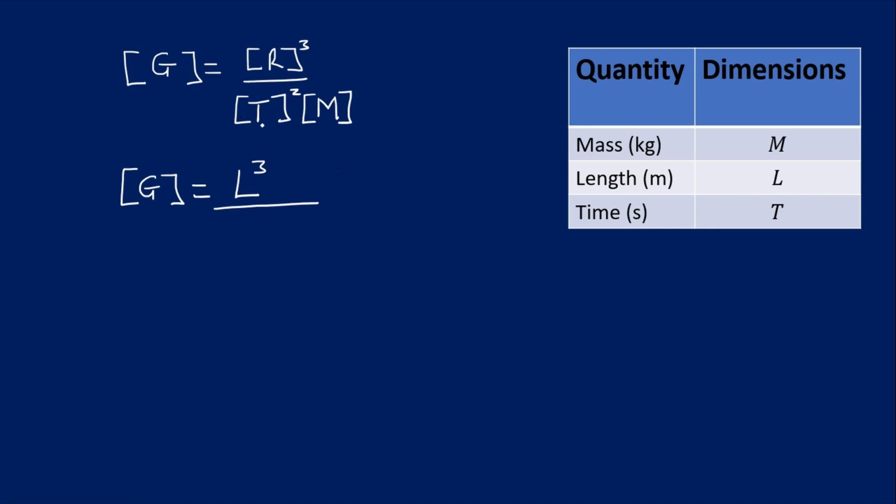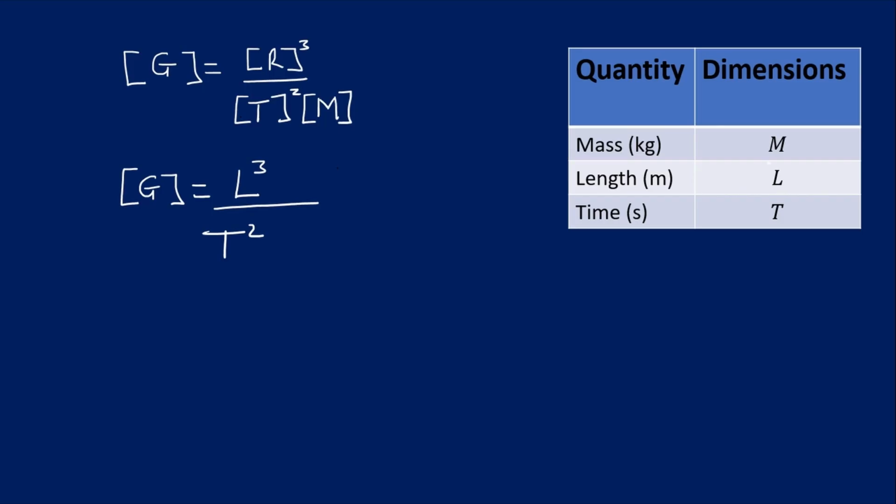So period is time, and the dimension of period is T, we have square here. And m is mass.